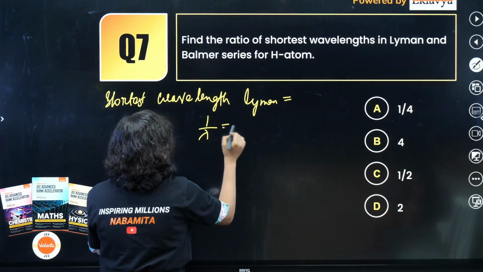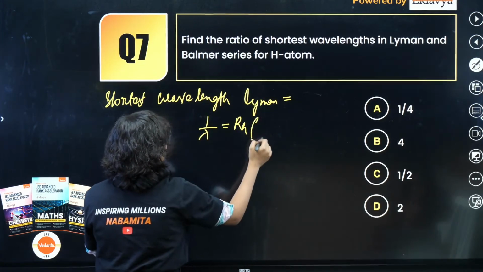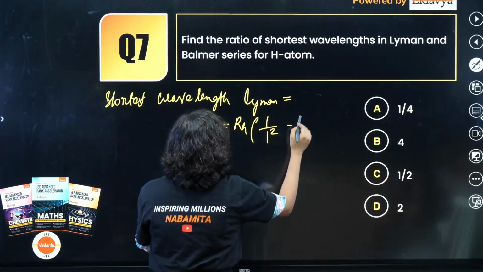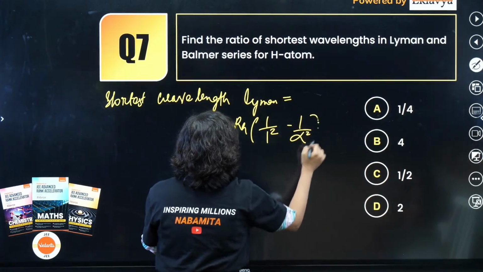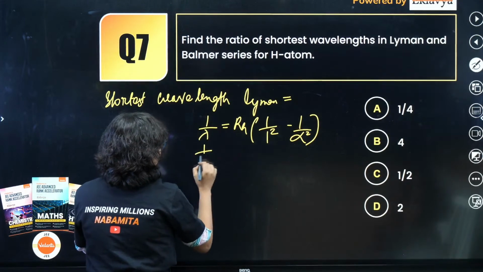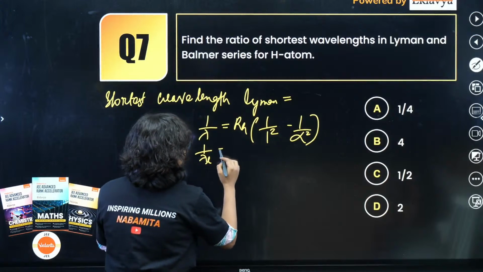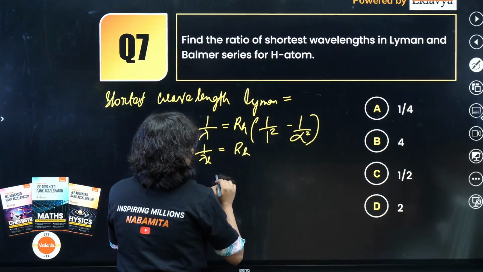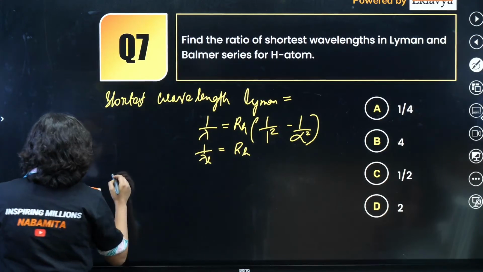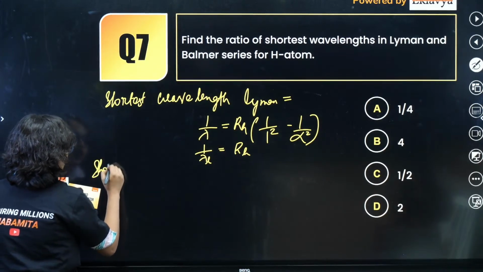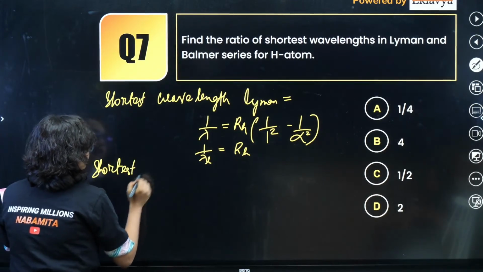1 by lambda is equal to RH multiplied with 1 by 1 square minus 1 by infinity square. So that means I can write it as 1 by lambda L, just for our sake of understanding, and this will be equal to nothing but RH. Similarly, if I have to calculate it for Balmer series, how do I do it?